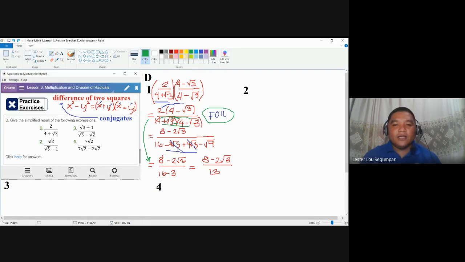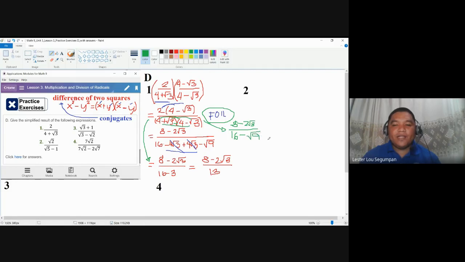We have conjugates. So this would result in the numerator 8 minus 2 square root of 3 all over the difference of two squares, 4 squared, 16, minus square root of 9.